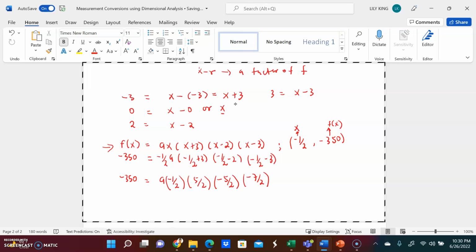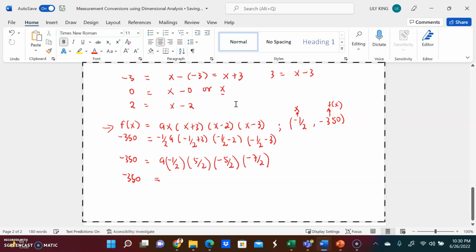Now we come down. We have negative 350, and we're going to simplify further with our a outside, multiplying all these fractions together. We multiply the numerators: negative 1 times 5 times negative 5 times negative 7 gives you negative 175.